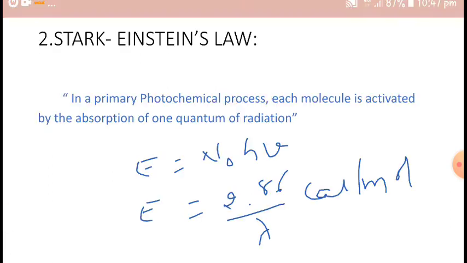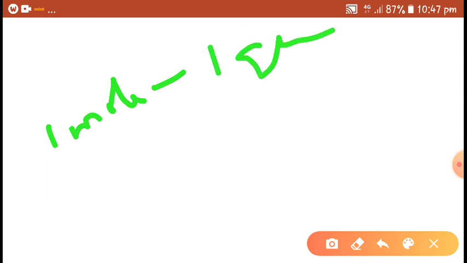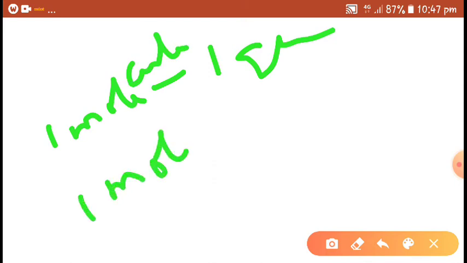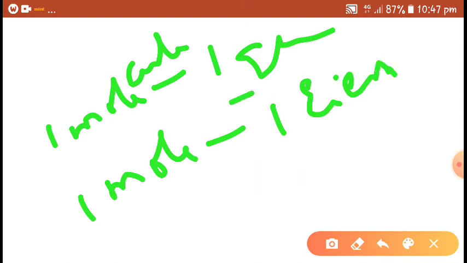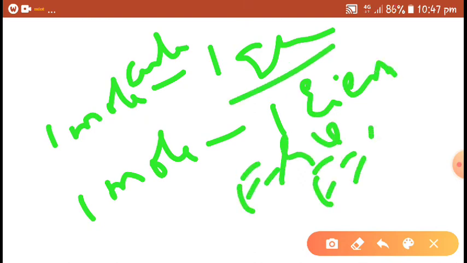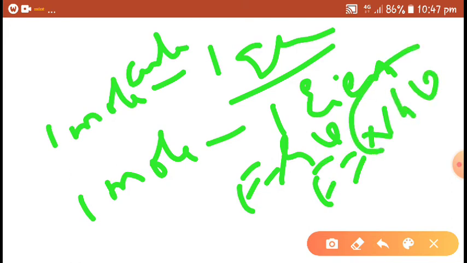According to Stark-Einstein's law, one molecule absorbs one quantum of energy, and one mole absorbs one Einstein of energy. A quantum of energy is equal to h nu, and an Einstein is equal to N h nu.